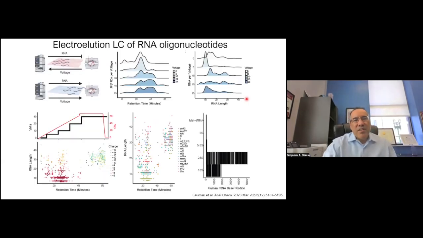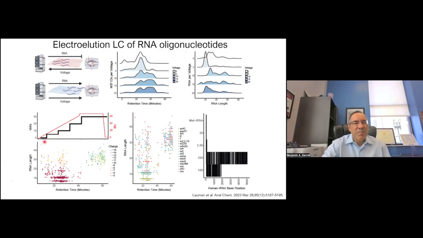Overall, we feel that this electroelution chromatography is really nice. It allows us to separate by the different voltages and get more IDs. It is dependent on the RNA charge, of course, so you're also separating by RNA length because different RNA lengths have different charge numbers. It allows us to separate and characterize a lot of modifications, shown here with tRNA as well.